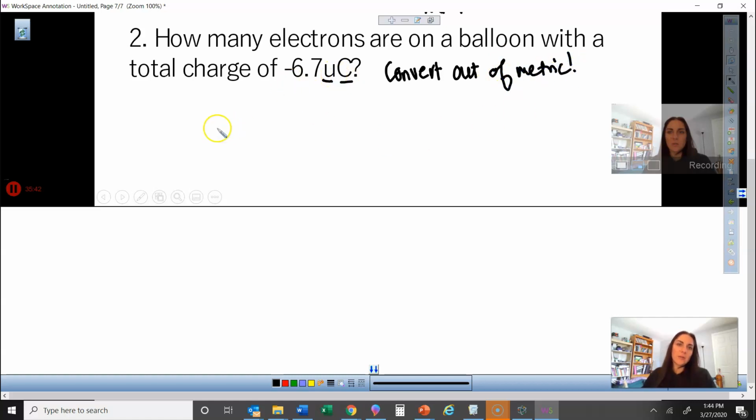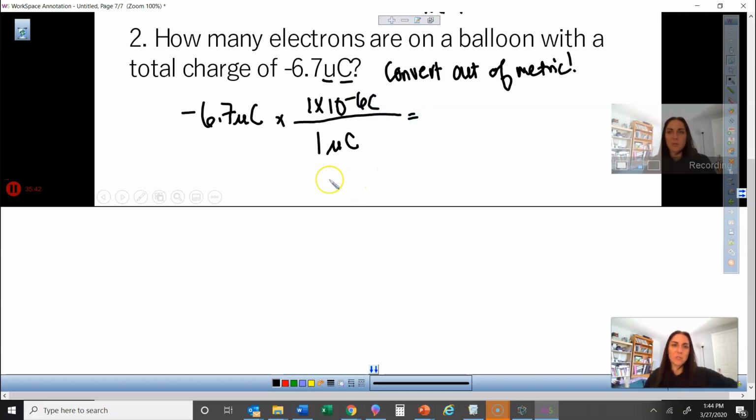So I know that's micro, so -6.7 microcoulombs times, for every 1 microcoulomb, and this is at the beginning of the slides, it's 1 times 10 to the -6 coulombs. I have to do this step first. Do the conversion factor. Now I am going to 100% put this on your quiz, because I want you to be able to convert things.